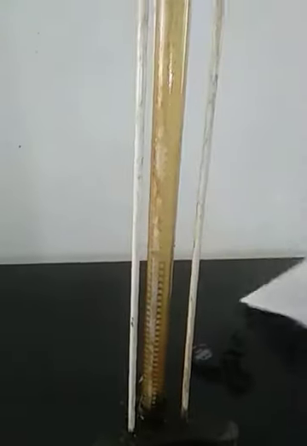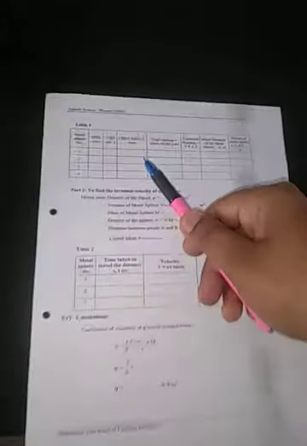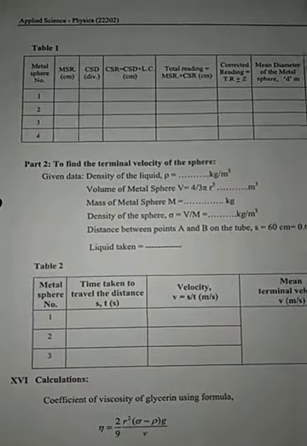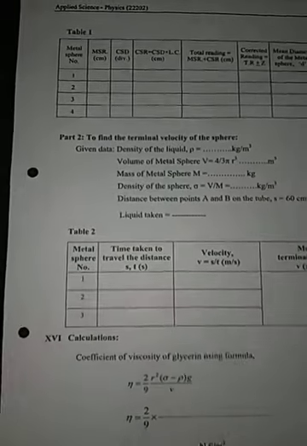What is the first stage of our experiment today? The first part of our experiment is to determine the diameter of the spherical balls. These are the ball bearings whose diameter is to be determined.